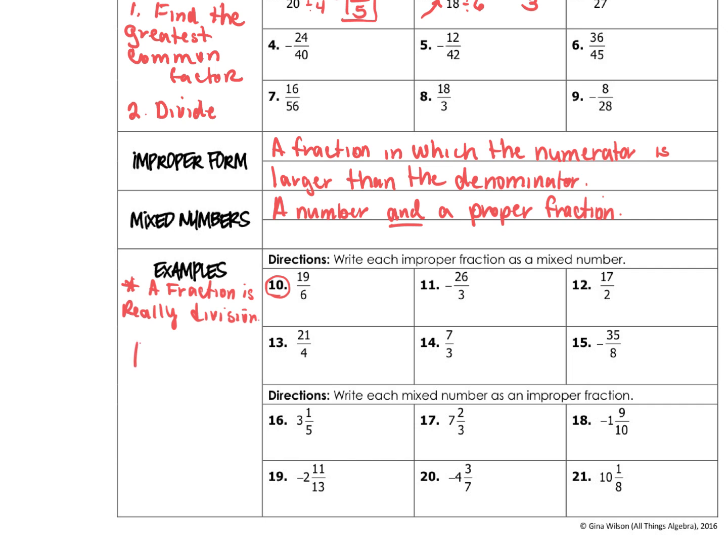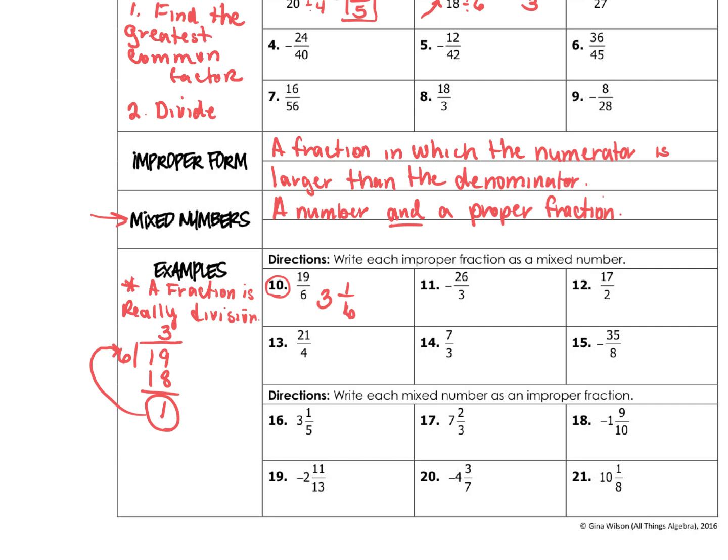So if we divide 6 into 19, let's use our factors. 6 goes into 19 3 times. 3 times 6 is 18, leaving 1 remaining. So your whole number in your mixed number is going to be 3. And you take what you have left over and put it over the divisor. So that's going to be 3 and 1/6.